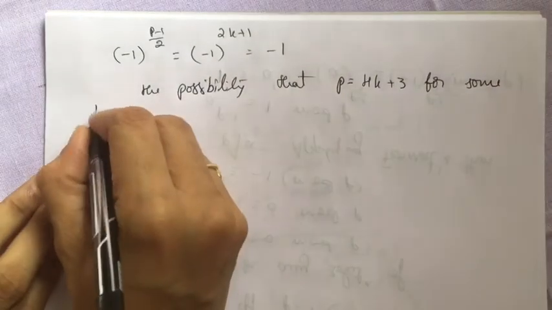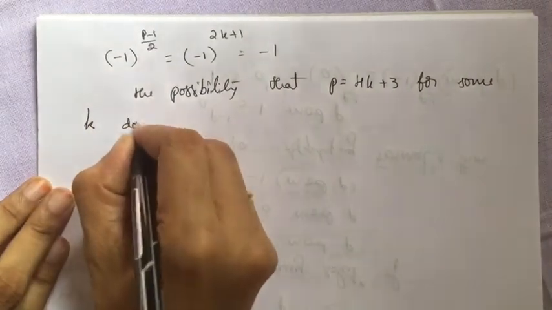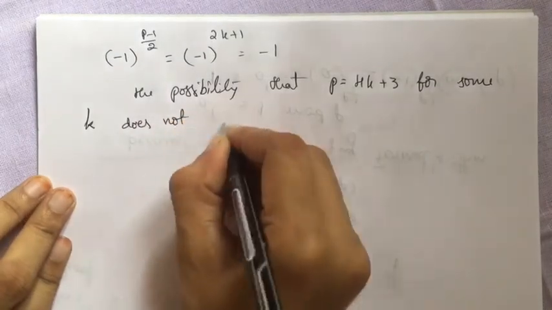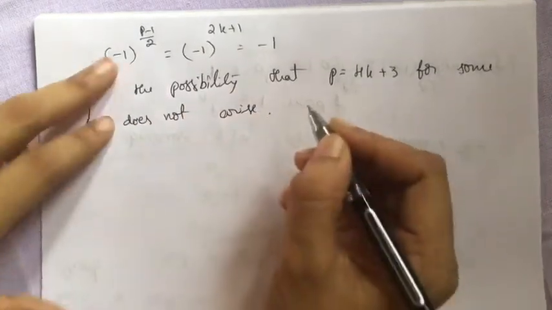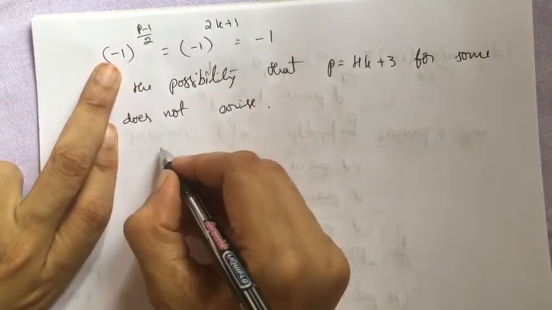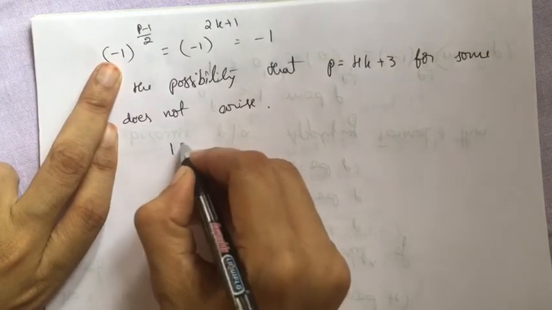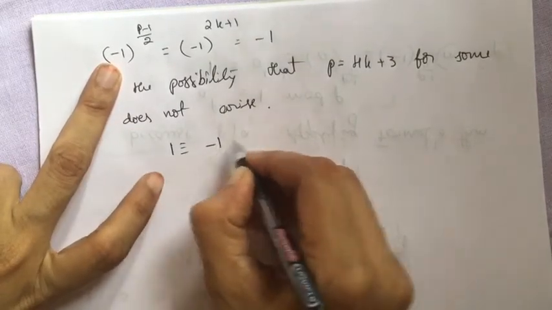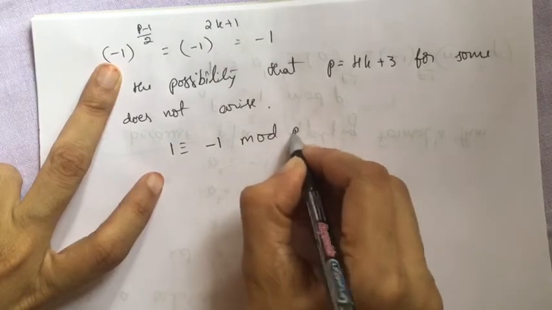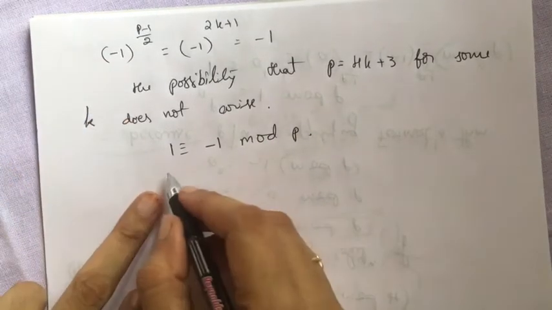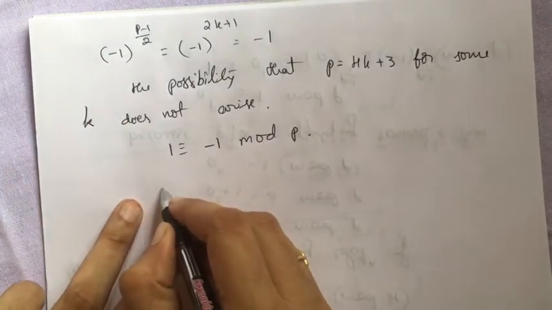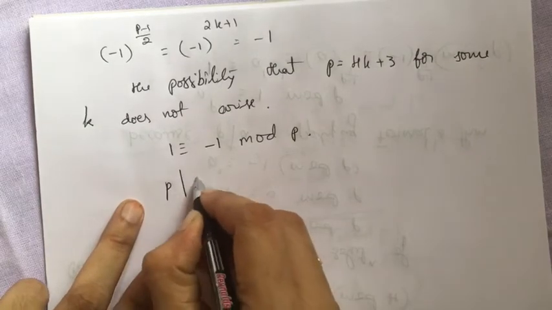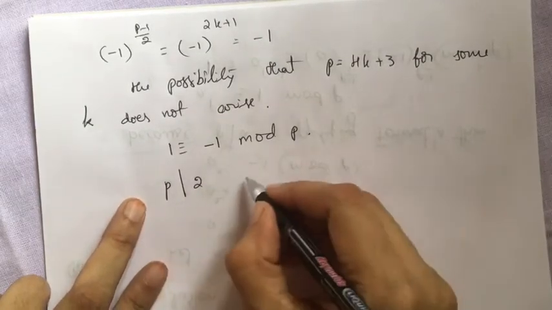Okay. So minus 1 is congruent to minus 1 mod p. If that is the case, then p divides 2 is false.